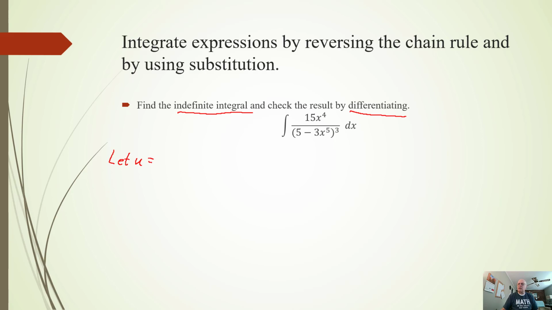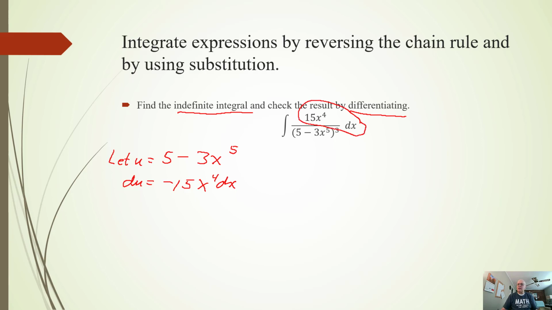We're going to let u be this part down here, 5 minus 3x to the 5th. We need to differentiate that and multiply by dx, so we'll have minus 15x to the fourth dx. That's right here, isn't it?